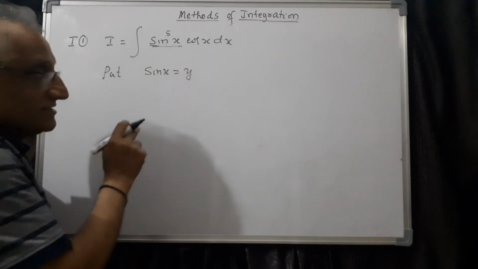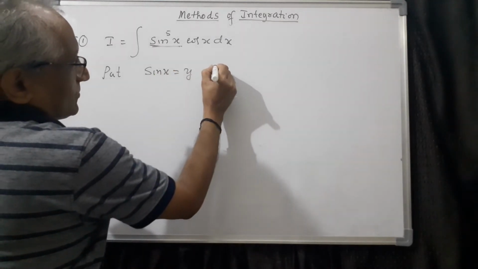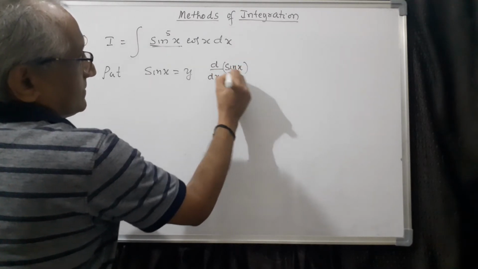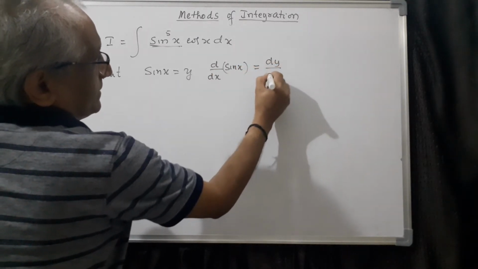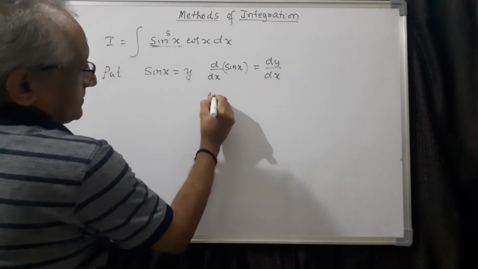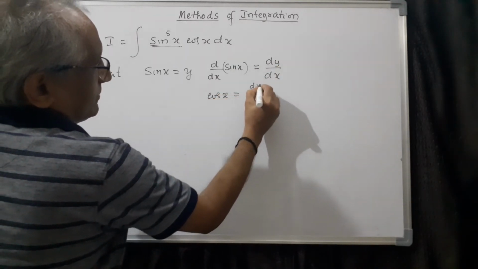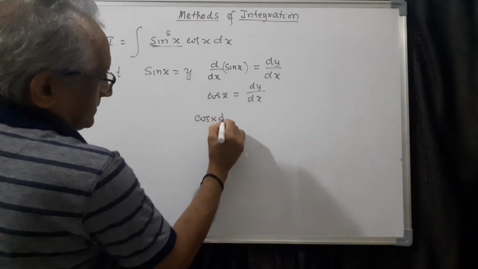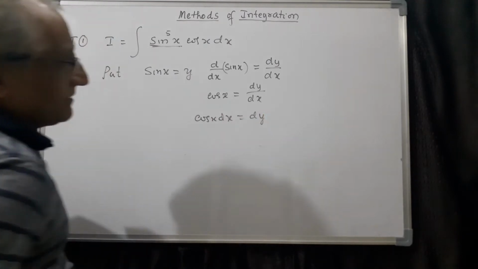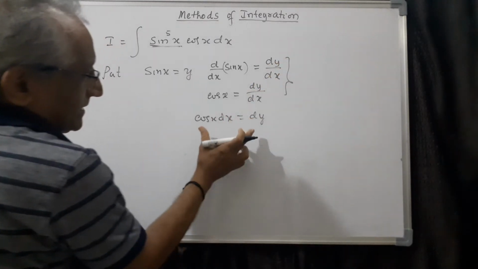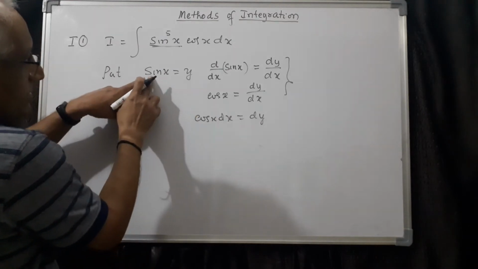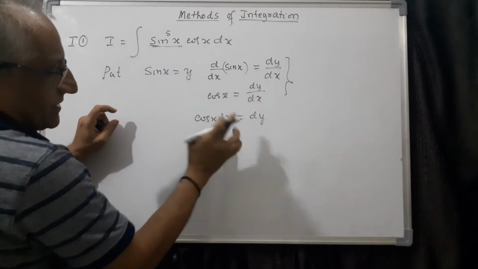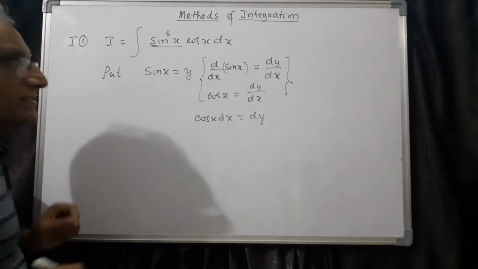Let me show you the direct method. d by dx of sin x equals dy by dx, this is cos x, so cos x dx equals dy. Afterwards, I don't use these two directly. You have to imagine like this: differentiation of sin x is cos x, this is dy, so instead of cos x dx you have to write dy. These two steps will not be shown in calculation.